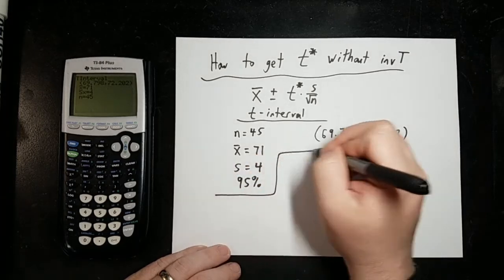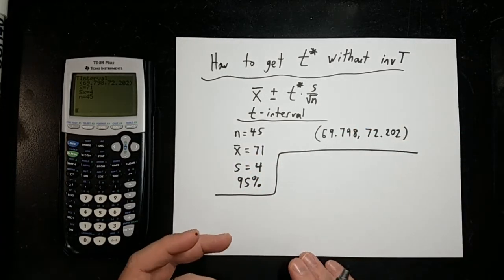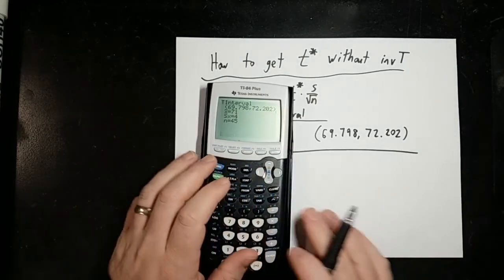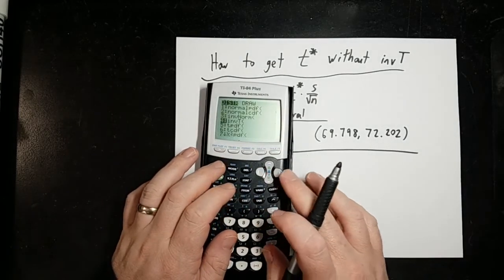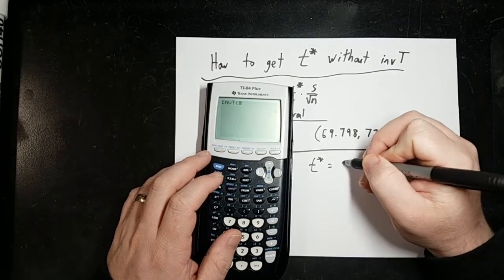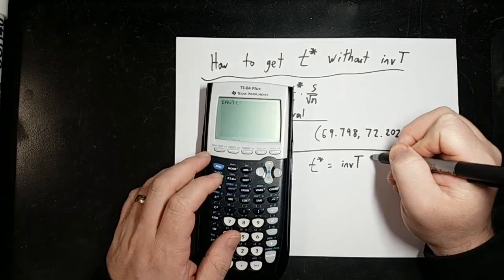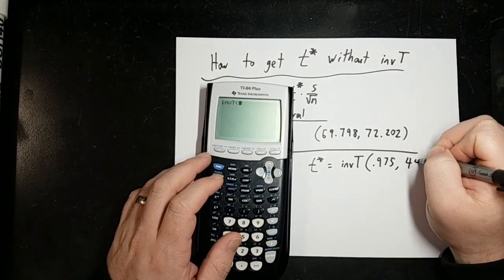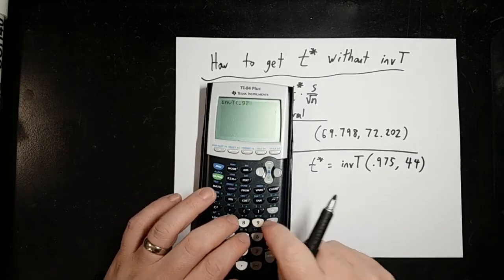Now, if you had to calculate t star by itself for this problem, if you had a TI-84 calculator, you would go inverse t. T star would be equal to inverse t 0.975, comma 44 for this example.